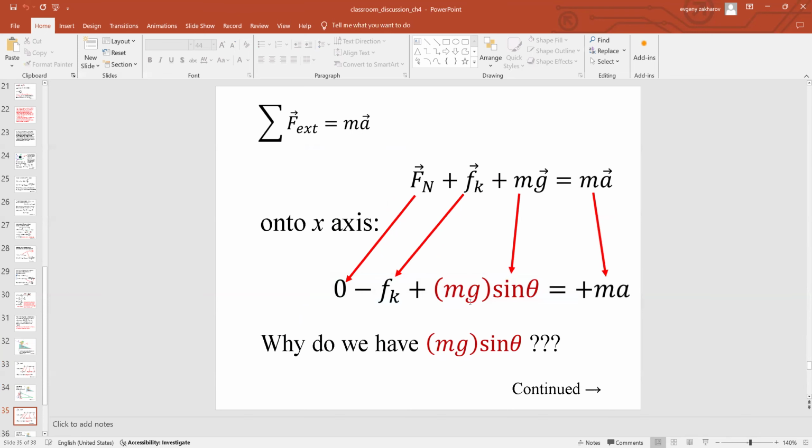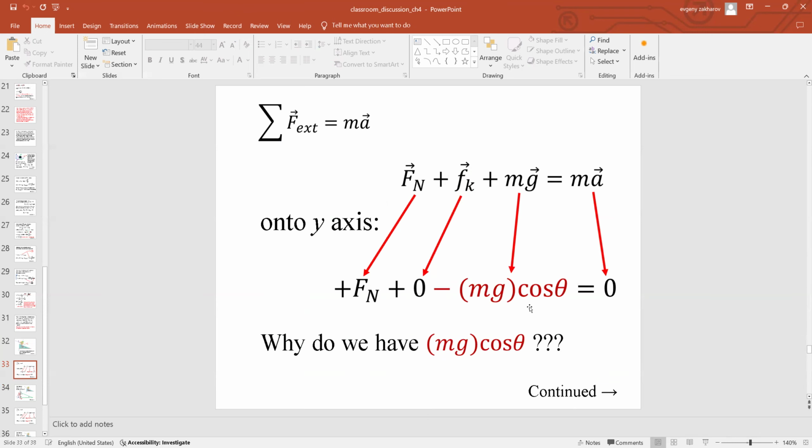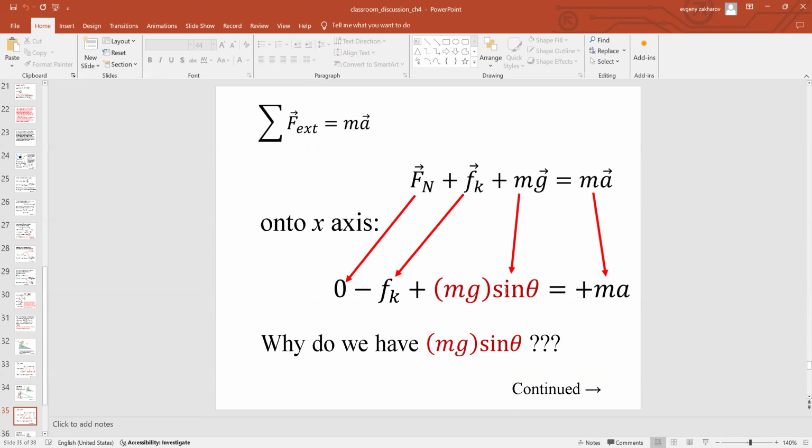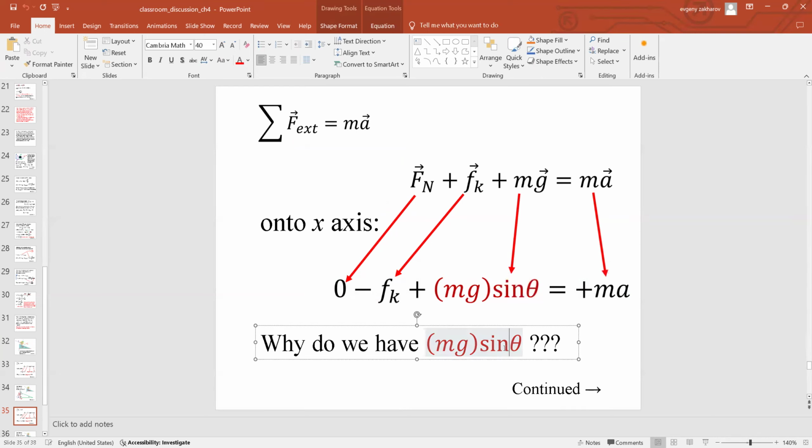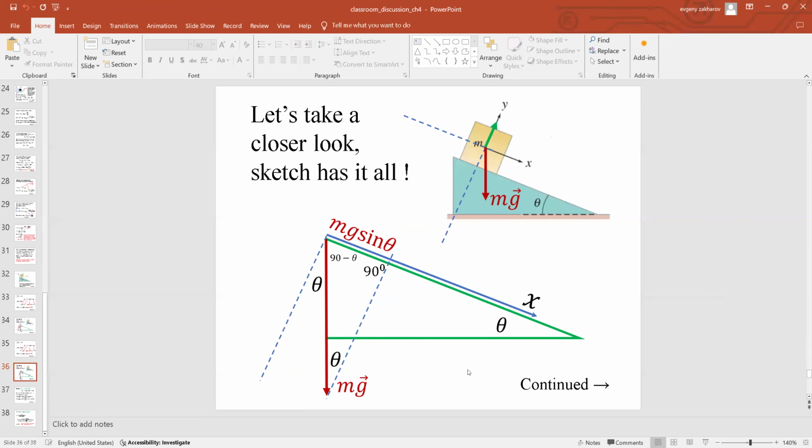And once again, the same question for what's going on with gravity. Well, for gravity, you can see that it's now positive, and there is a sine function. Why do we have mg sine? Let's take a look at the geometry again. So here we go. That's theta that is given. This is my x-axis.